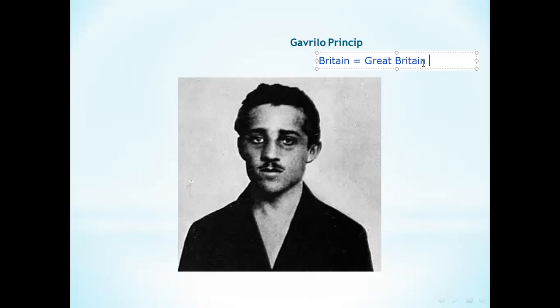This is what Britain thought. So that's why Britain came and said, well, you attack Serbia, we will defend Serbia. Serbia is our friend. But actually they were not defending Serbia. They came into the war to gain more lands. This is why Britain came.